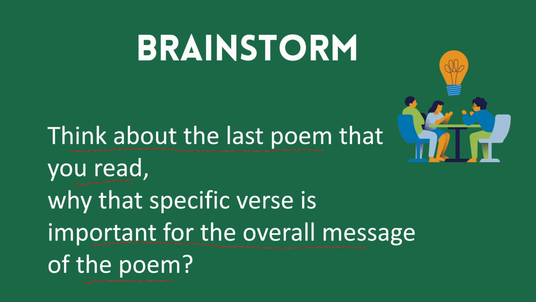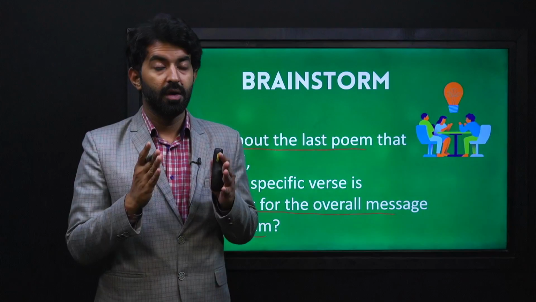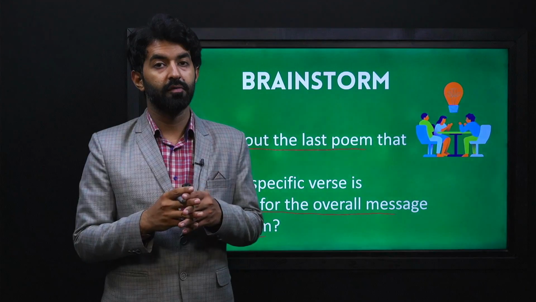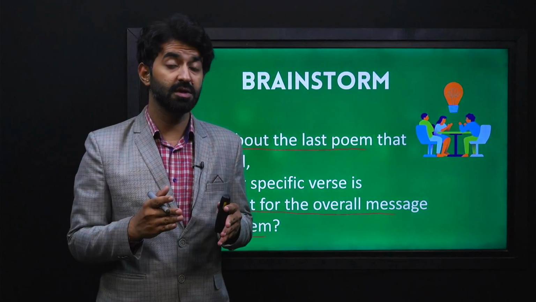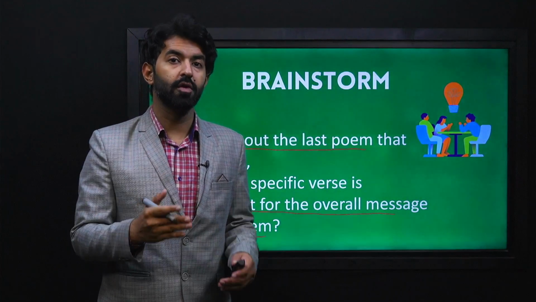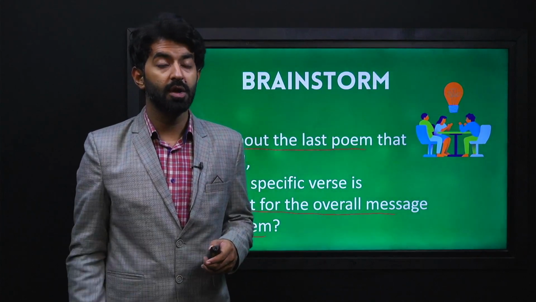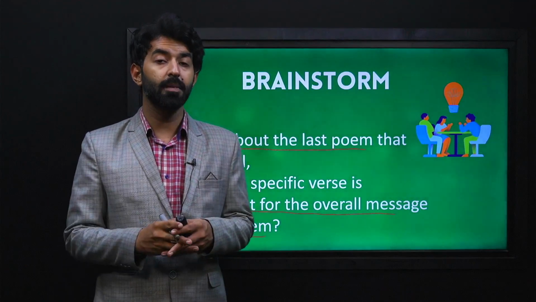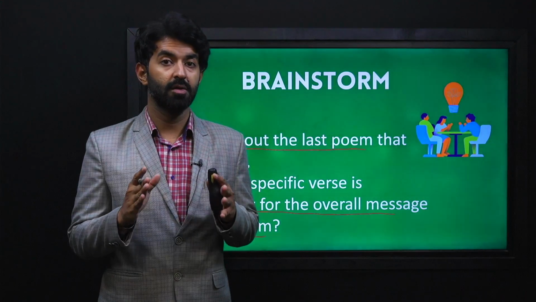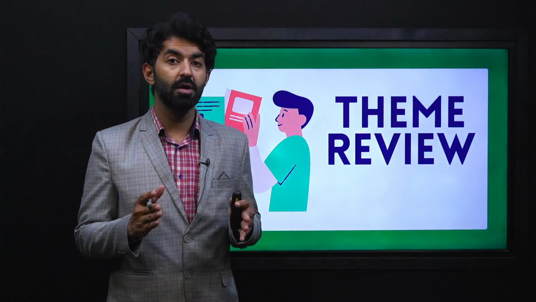Why that specific line, it can be one or two, why is that line important from the rest of the poem's verses, and how does it contribute to the overall structure or the theme on which the poem is about? This is your brainstorming session prompt. Now think about it clearly so that we can move on with our topic, which is about reviewing theme.